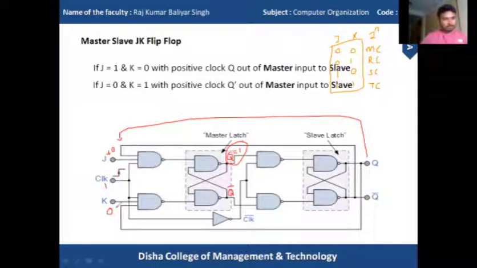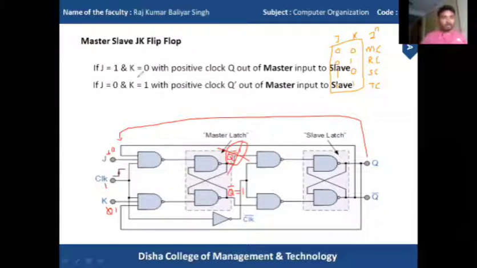That time the slave will receive the Q naught value, not the Q value. Again, the reason is that when J equals 0 and K equals 1, Q naught is in an active state, Q naught produces the result 1, so the slave will receive that 1.